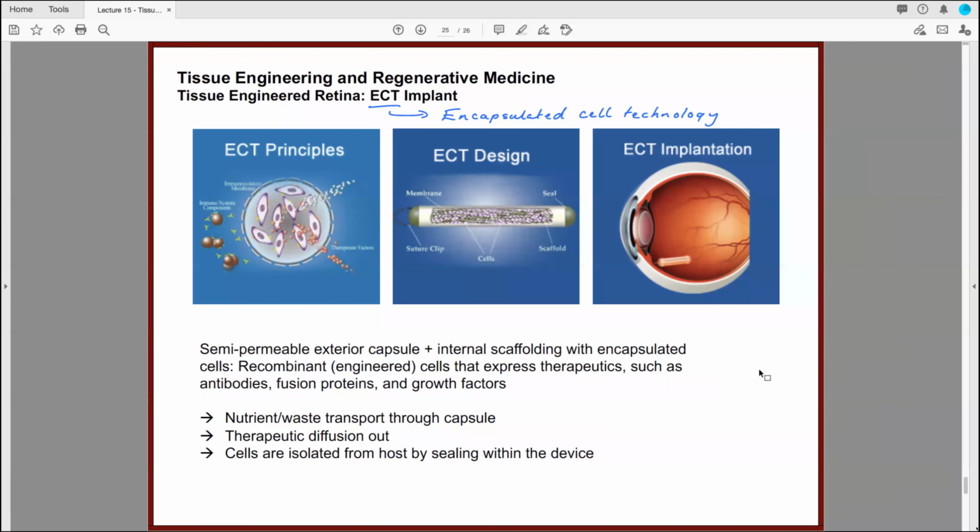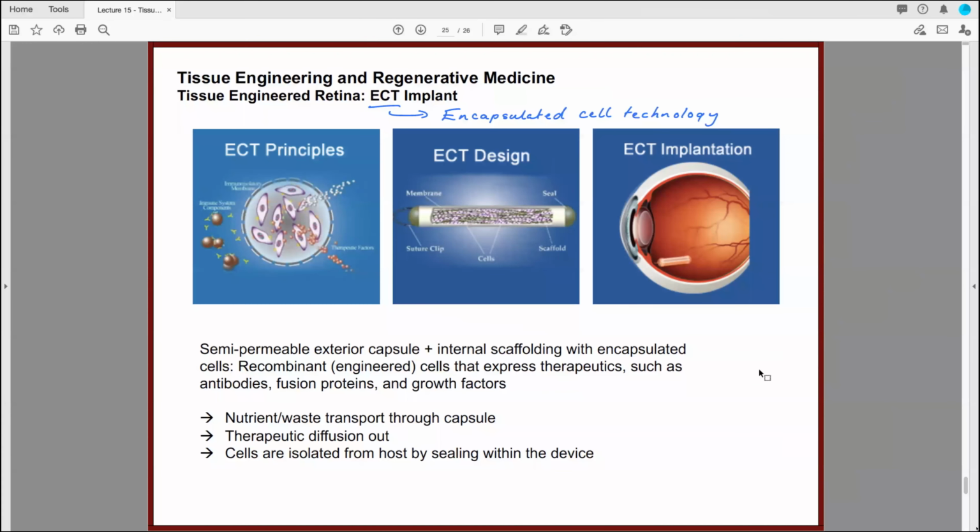The issue with the current treatments for these things is that they lack effective delivery of the therapeutic molecules. So this encapsulated cell technology allows for controlled and continuous long-term administration of drugs and biomolecules into the eye. So they have this semi-permeable exterior capsule and internal scaffold.